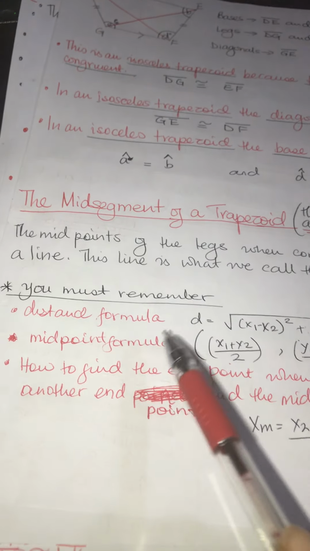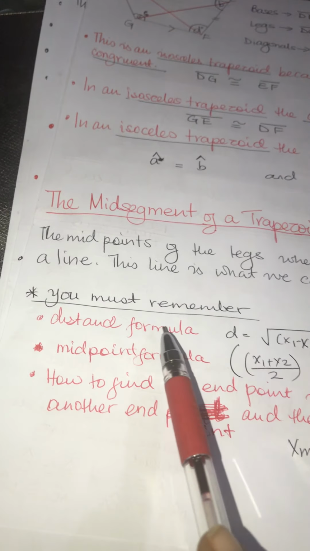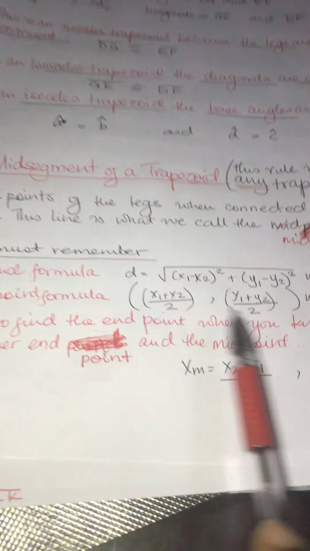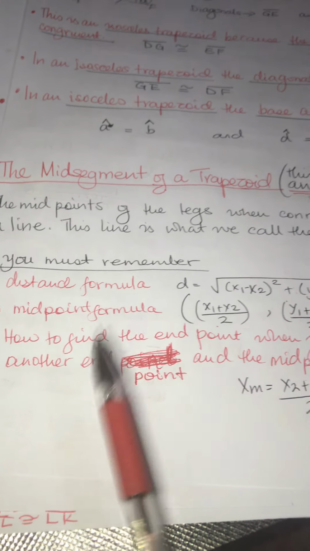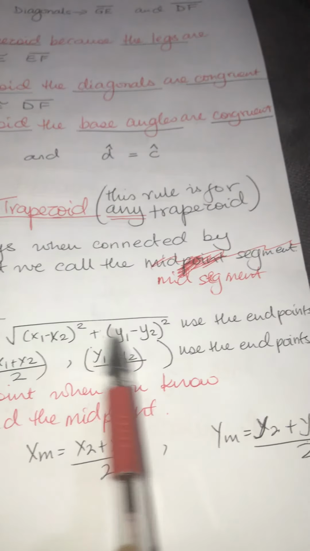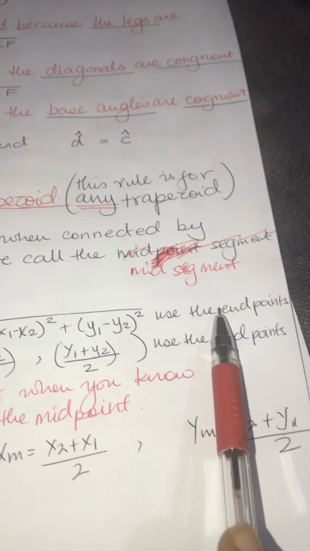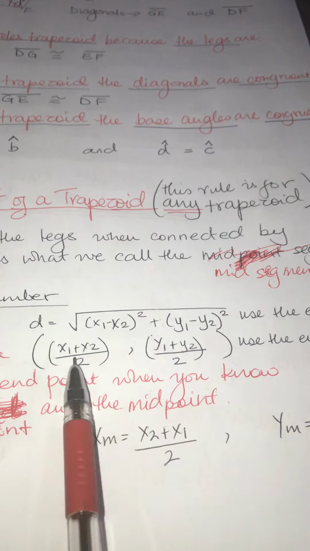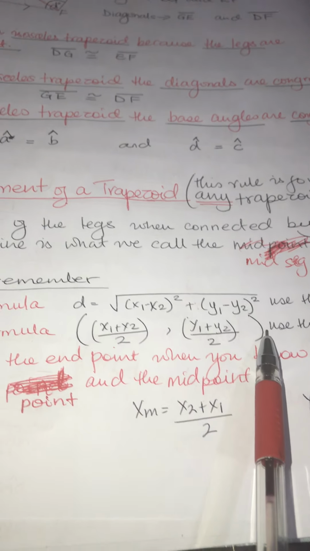Now, on this part of this lesson, you must remember the distance formula, the midpoint formula, and how to find the endpoint when you know one endpoint and the midpoint. So the distance formula, I reminded you over here, you use the endpoints. The midpoint formula gives you the midpoint.